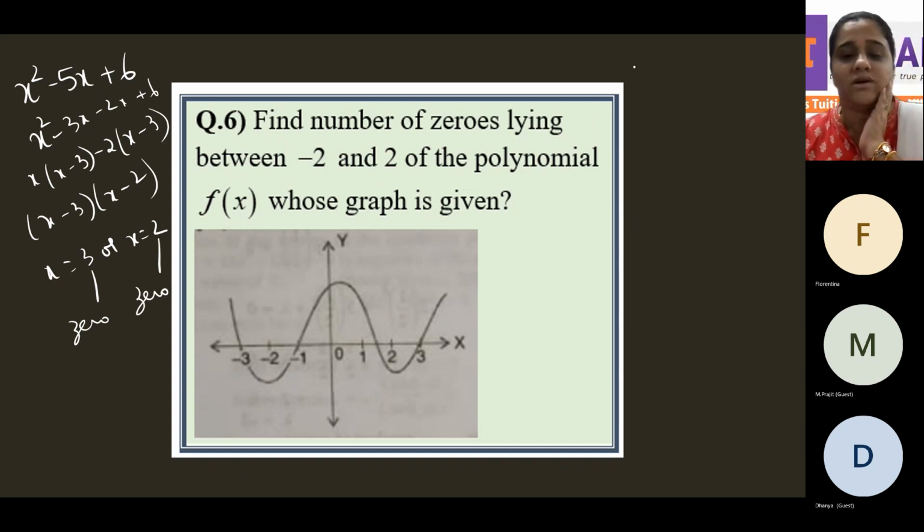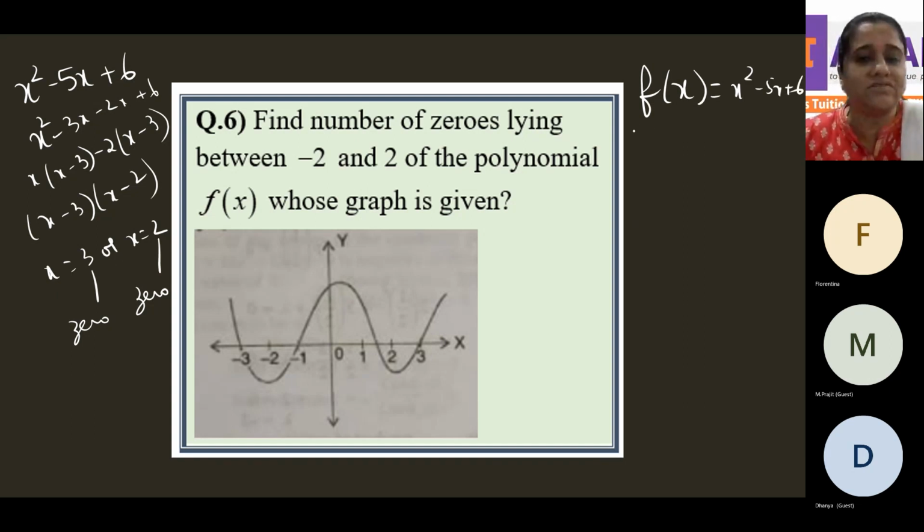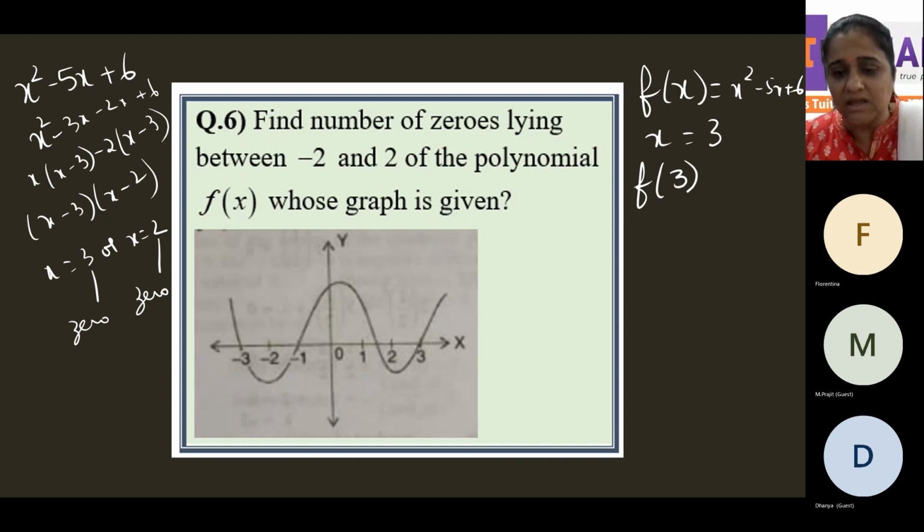Now if you call this polynomial f of x, f of x is equal to x square minus 5x plus 6. Now 3 is a 0 means x is equal to 3, right? So in the polynomial, in place of x, if you take 3, the value of f of 3 will be 0. See, you try that.